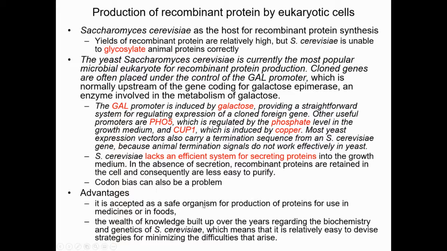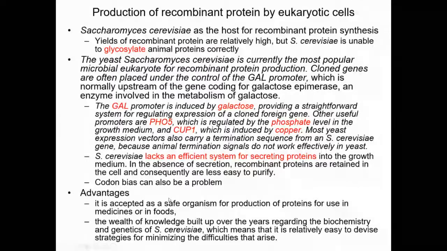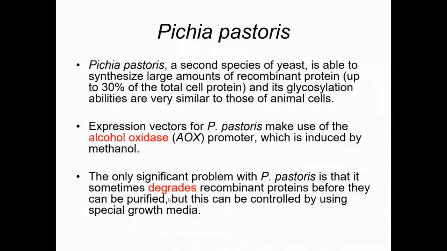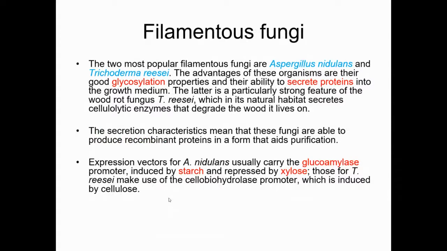And the advantage is a safe organism for production of protein for use in medicine or in food. Okay, so that's the production of recombinant protein in Saccharomyces cerevisiae and in Pichia pastoris. And then the filamentous fungi, the two most popular ones would be Aspergillus nidulans and Trichoderma reesei, all right?